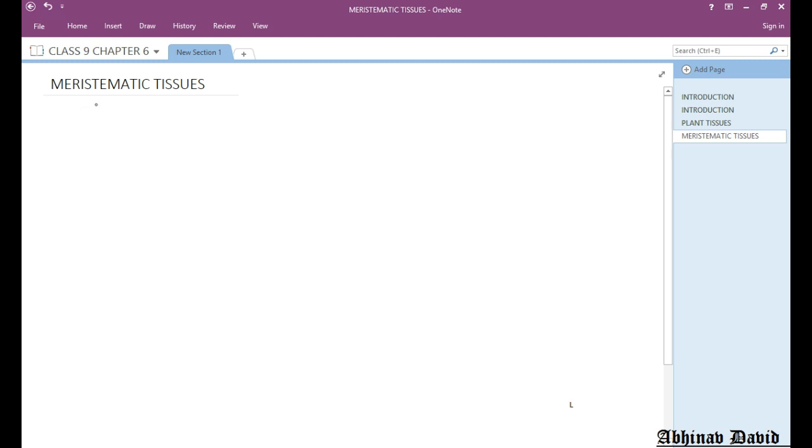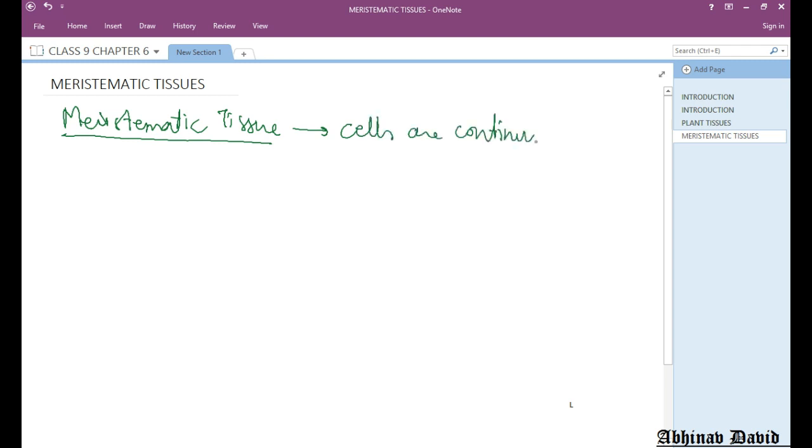Now I have already given you that meristematic tissues are those which are continuously dividing. So the cells are continuously dividing and they keep on dividing throughout their life.